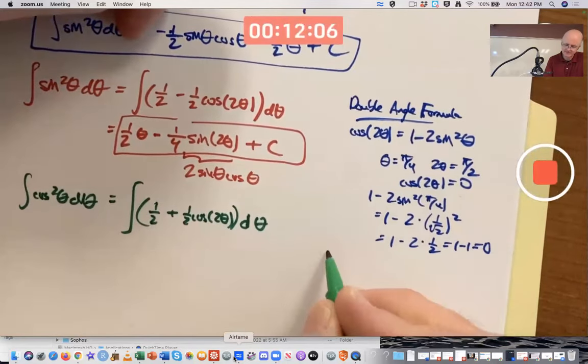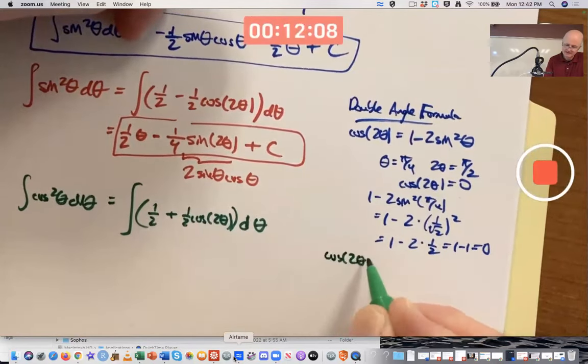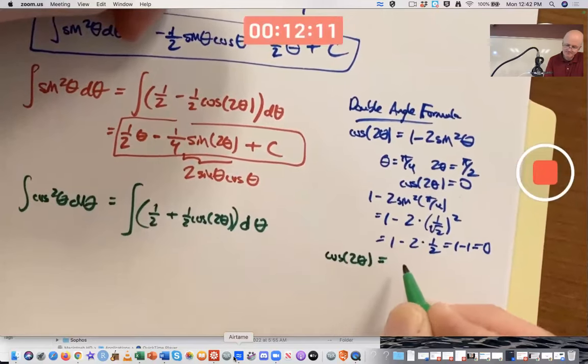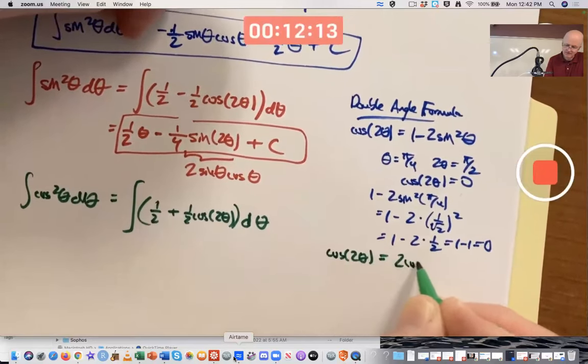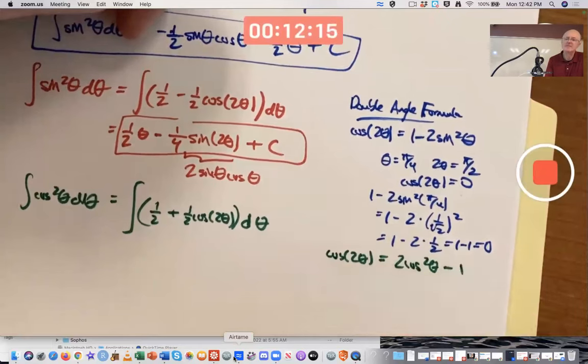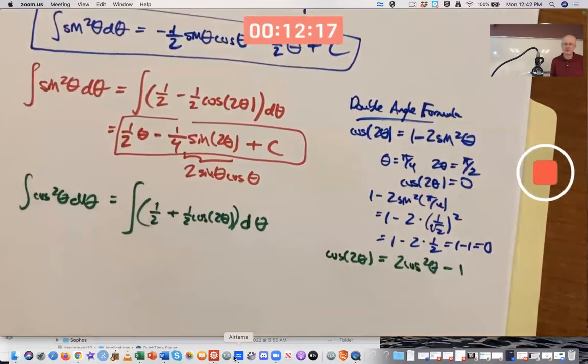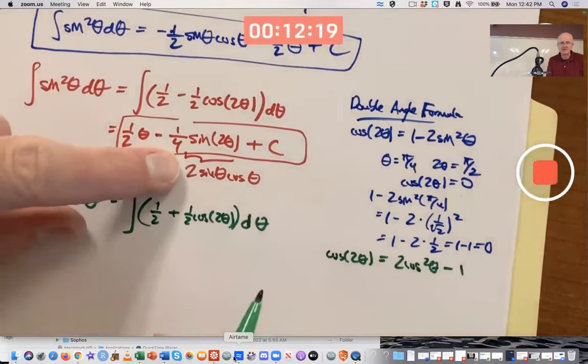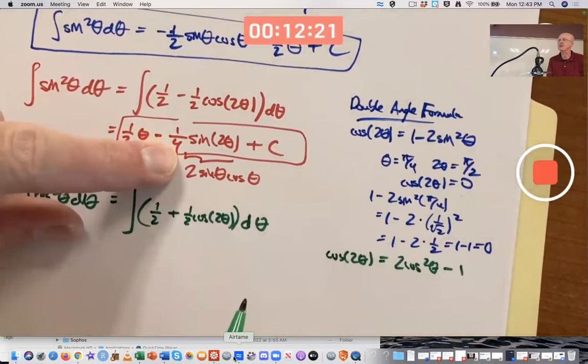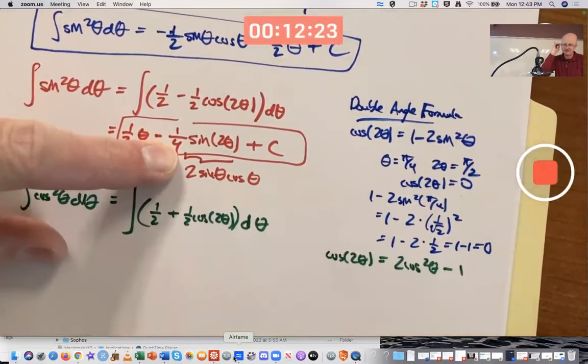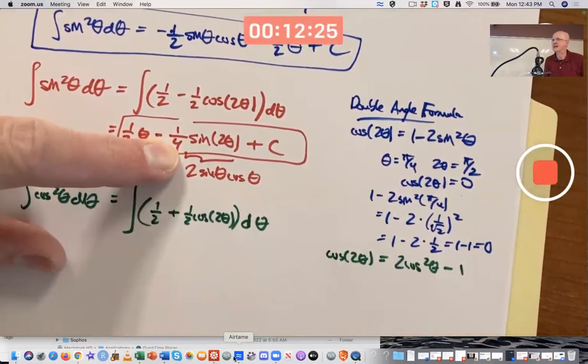It's related to the fact that cos 2 theta can also be written as 2 cos squared theta minus 1. It's another double angle formula. This, by the way, is another double angle formula: sine 2 theta is 2 sine theta cos theta. Strange that the double angle formulas for sine and cosine are so different seeming, but it is true.